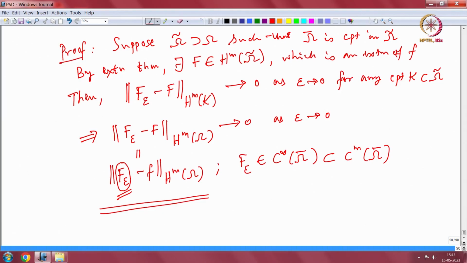In fact you can also use this extension theorem to extend the function to the whole of Rn. If time permits I will say that. Once you extend to the whole of Rn, you can use powerful tools like the Fourier transform and other things very easily to derive many things, as long as you have control on the extension. That is important. It is not just an arbitrary extension; we have full control on that extension.